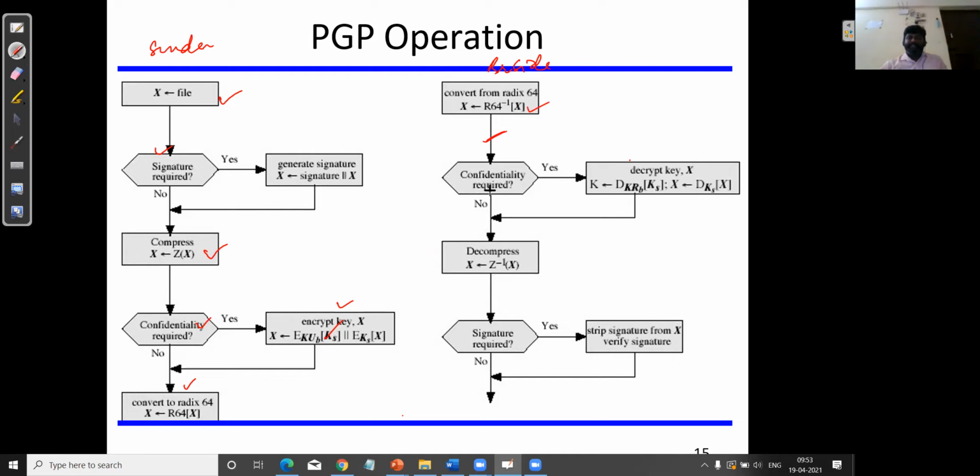If the confidentiality is achieved, the decryption is carried out, and then in order to verify the signature, another round of hash function application is carried out. Finally they will verify the signature, whether the hash code is valid or not, whether the hash code matches or not.